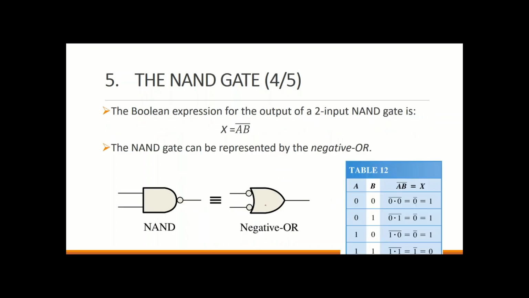Alright, how do we represent it? It's not AND, so A and B negated, or the complement of A and B, the complementation of this process. According to De Morgan's law, if you remember from discrete mathematics, if we apply the negation to A and B all together, the negation of all of it, what happens?